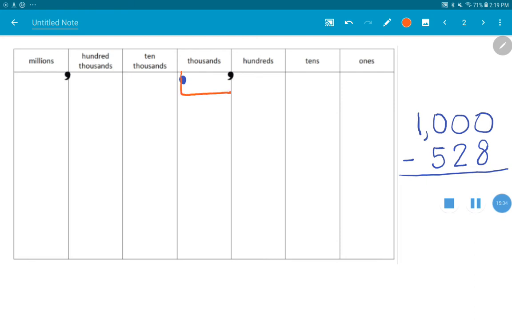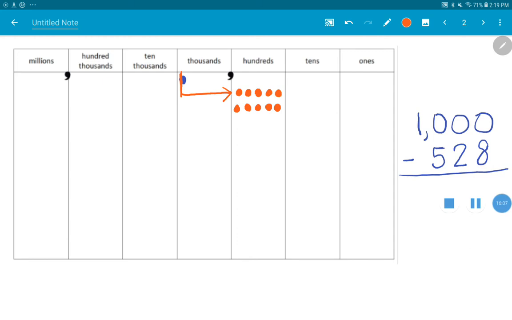So if I move over to the thousands place value, I take that 1,000 that I have away. I can exchange it for how many hundreds? 10. It's equal to 10 hundreds. Do I have the same amount here that I started with?